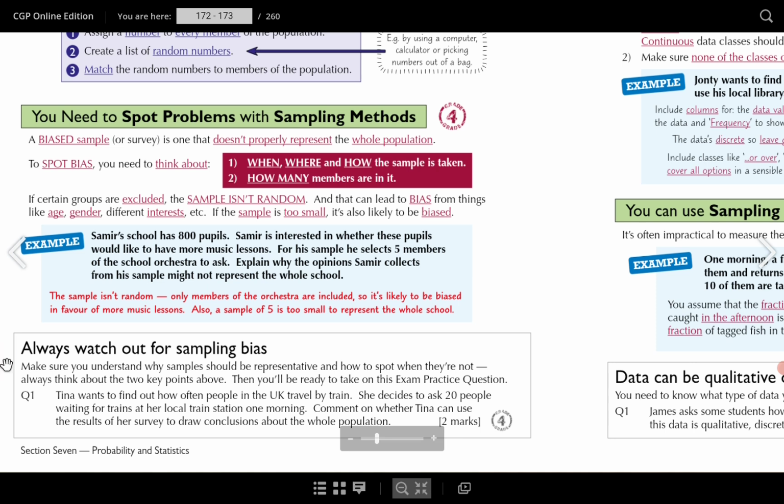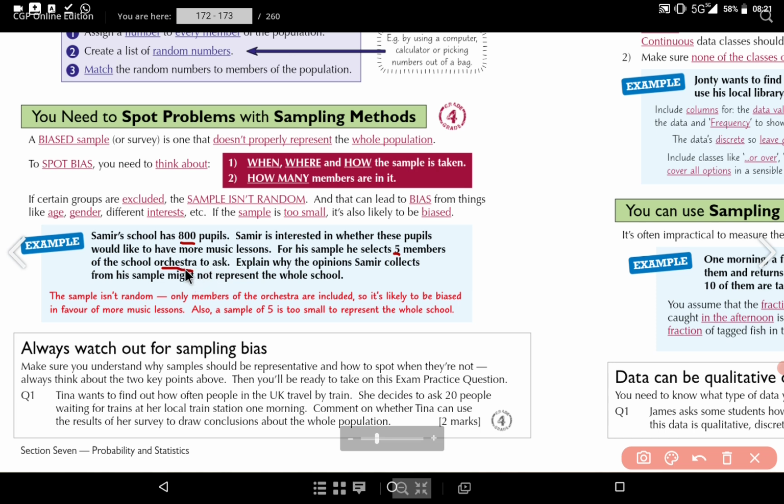To start with, the whole population is 8,000 pupils. The mistake Samir is making is selecting only 5 members. This does not represent the whole population; the number is too little. And he selects 5 members of the school orchestra, and instead of selecting randomly, he's selecting members that already belong to an orchestra.